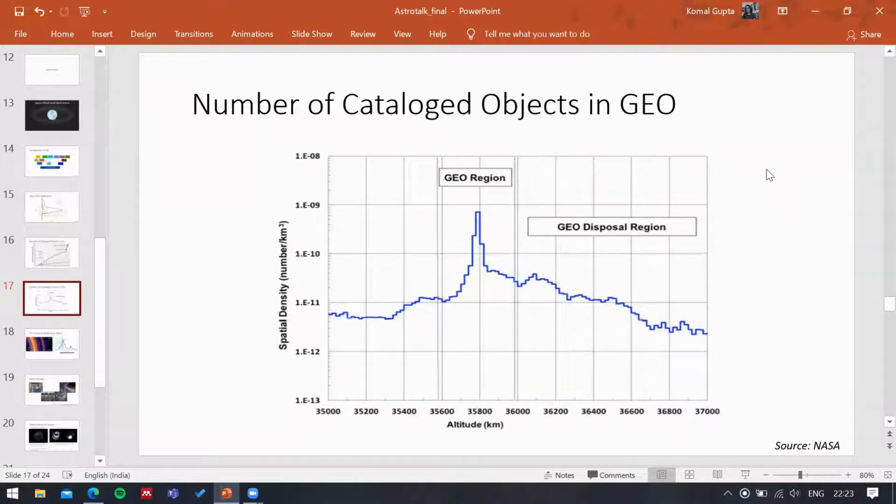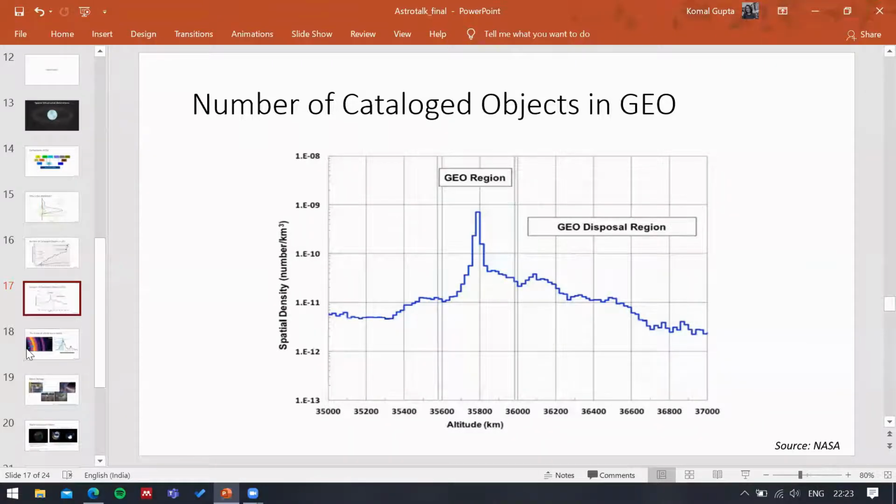And any object that is more than 1 centimeter across will be lethal. So you can see the problem here. Anything that is greater than 1 centimeter is lethal, but anything that is less than 10 centimeters cannot be tracked.